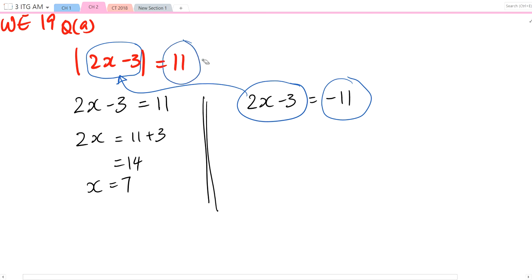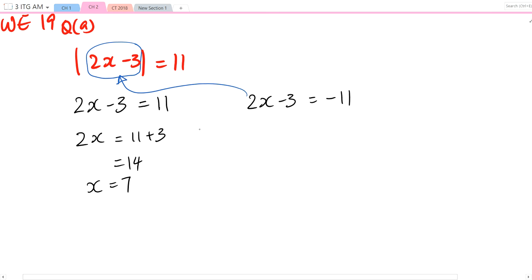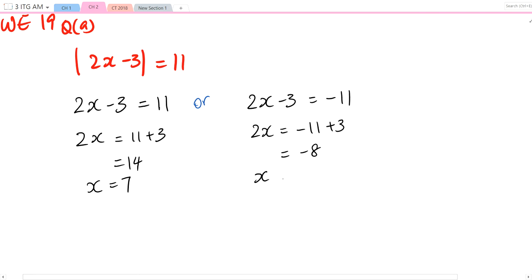So this is the second case that we need to consider. And this is how we write it. There are two cases. Okay? So solving it will give us 2x equals negative 11 plus 3, which is negative 8. And therefore x equals negative 4. The final step will be to substitute them back into the original equation to check whether it is valid or not.